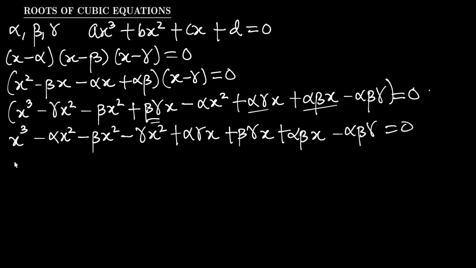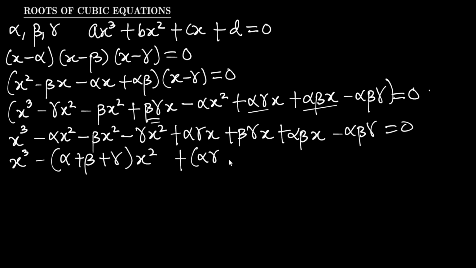Then I can rewrite this as x cubed minus (alpha plus beta plus gamma) x squared, then plus (alpha gamma plus beta gamma plus alpha beta) x minus alpha beta gamma, which is equal to 0.